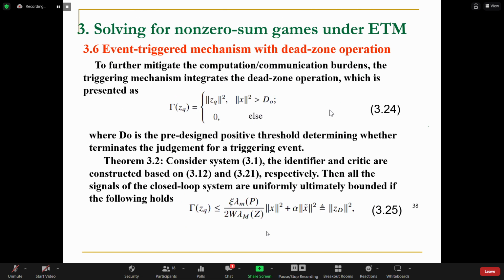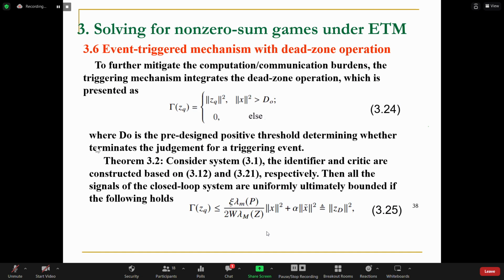Here, we give the event-triggered mechanism we have proposed. To further mitigate the computation and communication burdens, the triggering mechanism integrates the dead zone operation. Here, the DO is the parenthesis of a positive threshold, determining whether to terminate the judgment for a triggering event.